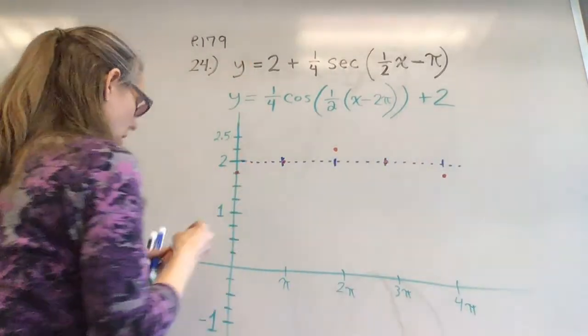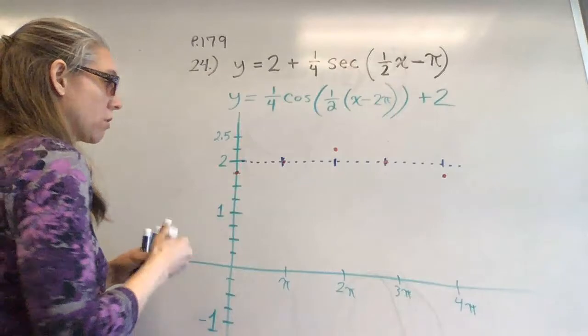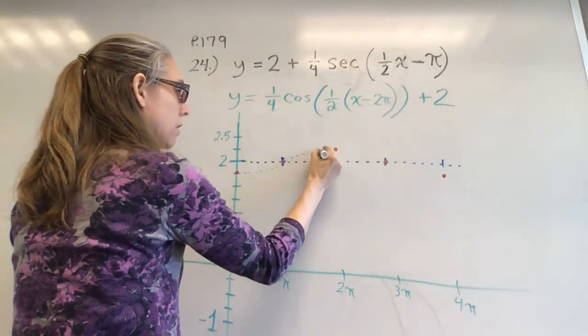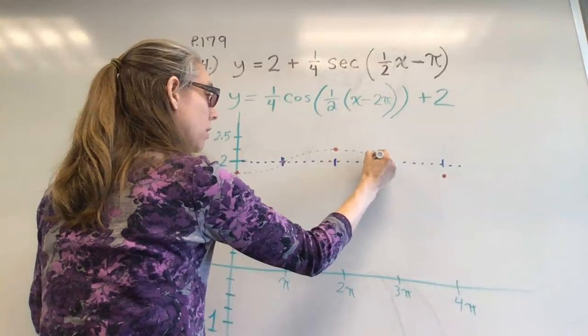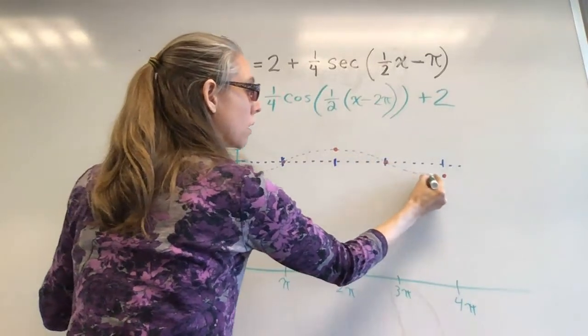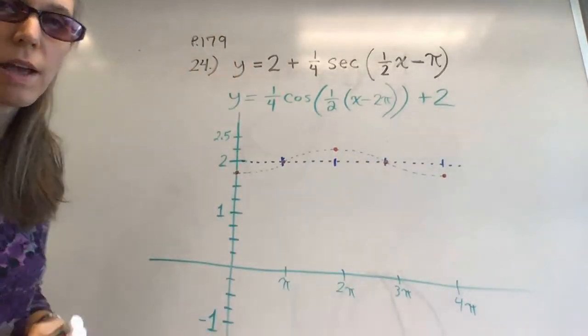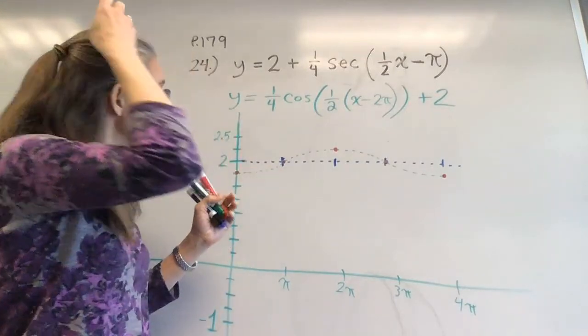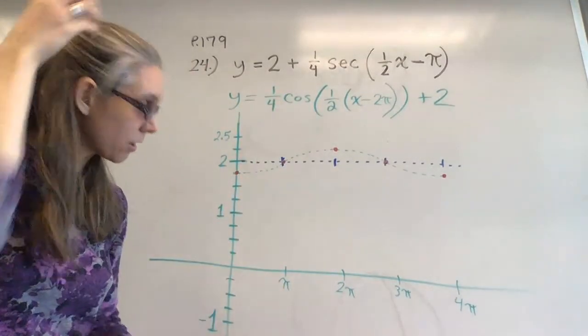Okay, so my cosine graph is going to go through these red dots here. Again, I'm going to use a nice dotted curve here to represent cosine. And then wherever you have a 0 of the function, you're going to have a vertical asymptote.